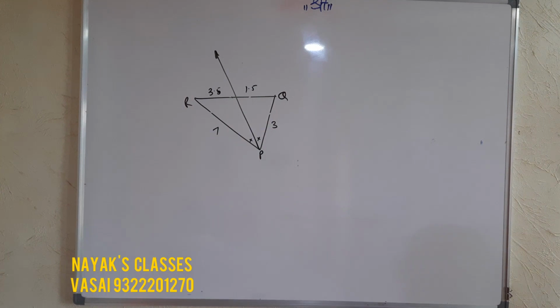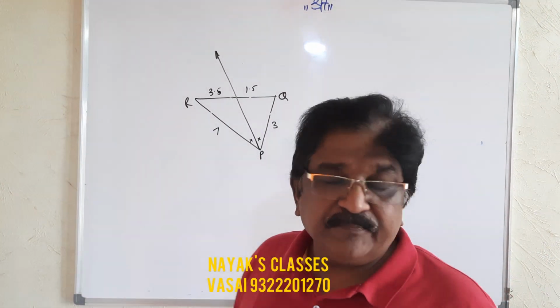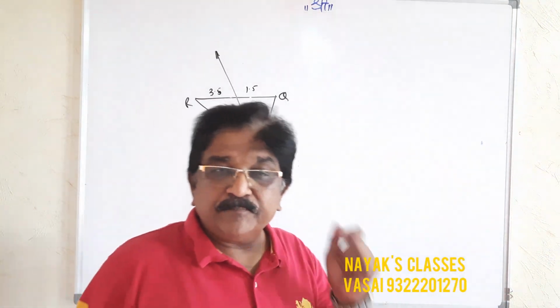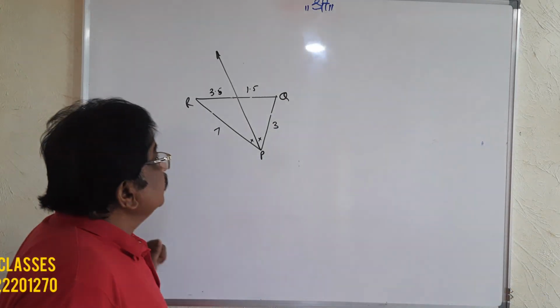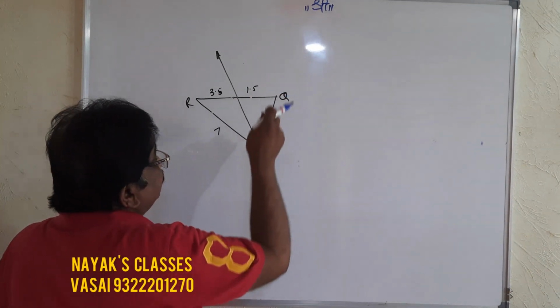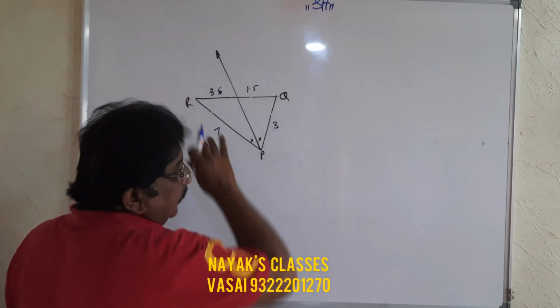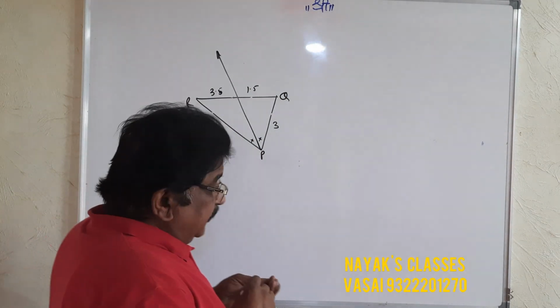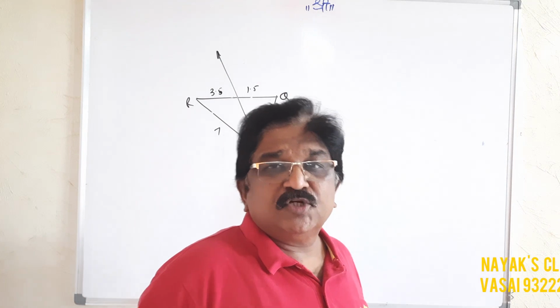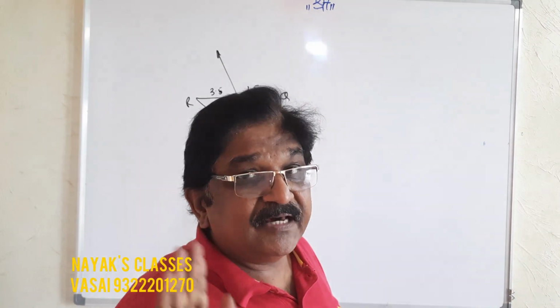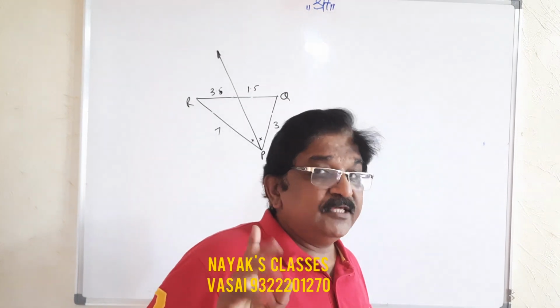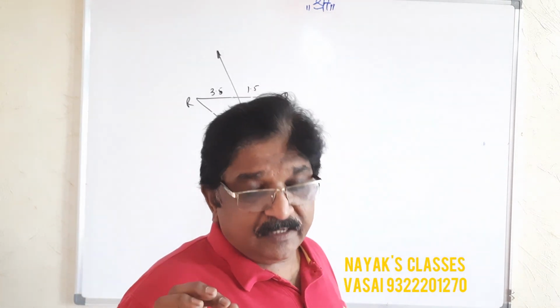So we are starting exercise 1.2, first example. Out of that, first one, they have given one triangle PQR, plus they have given some measurements of sides, and now we have to decide whether the ray PM is a bisector of that triangle or not.